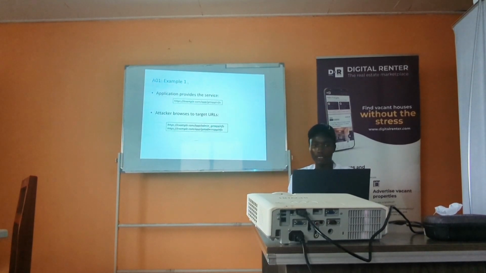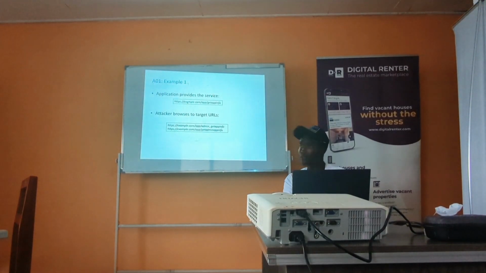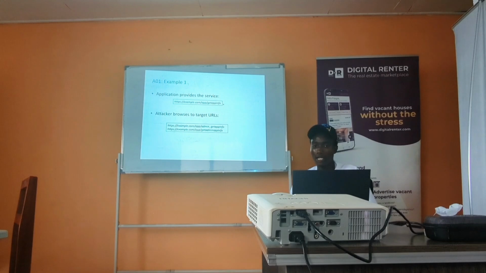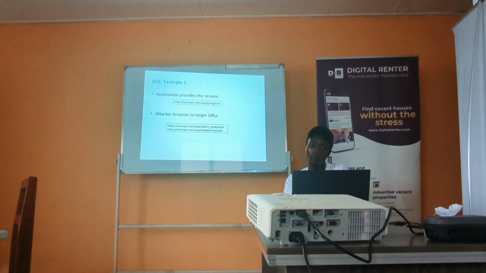So for example, if you can see from the screen, when your application provides this service, get app info, and I, as an attacker, know that there might be broken access control on this platform. So this get app info is the endpoint for a normal user.